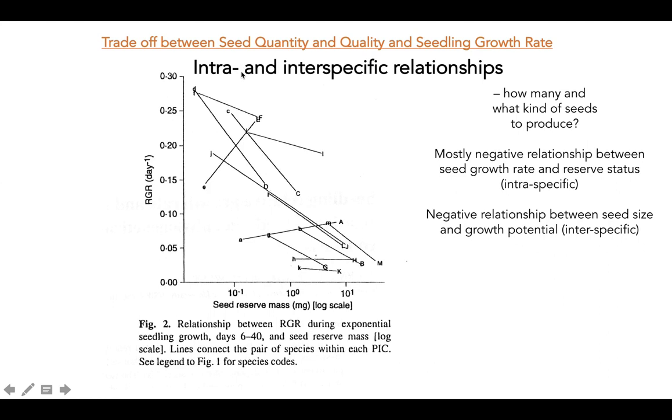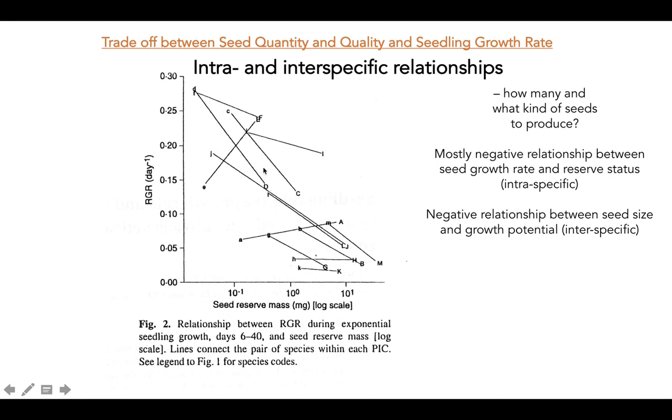Here then is another similar trade-off, but this is between seed quantity and the quality of the seedling growth rate. So here we're plotting seed size, the mass of a seed, versus RGR, the relative growth rate of a plant. And notice within each one of these separate lines, these are effectively intraspecific and interspecific relationships.